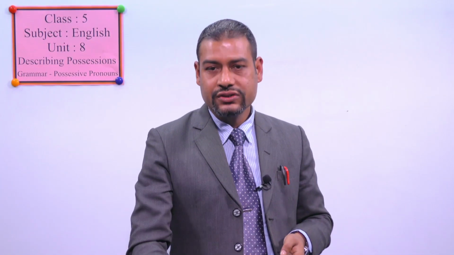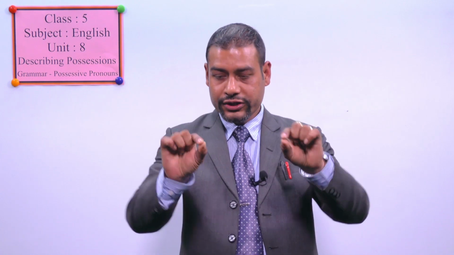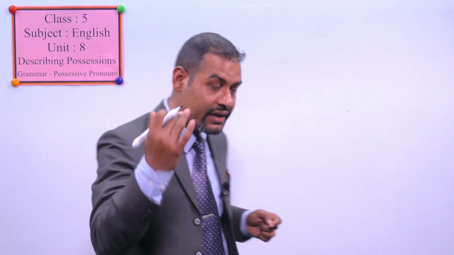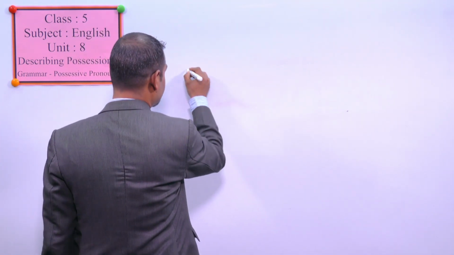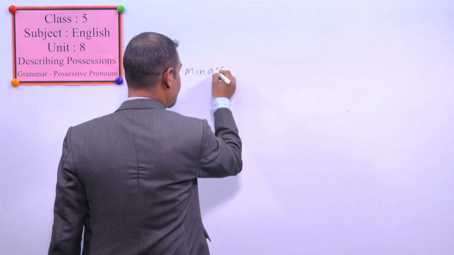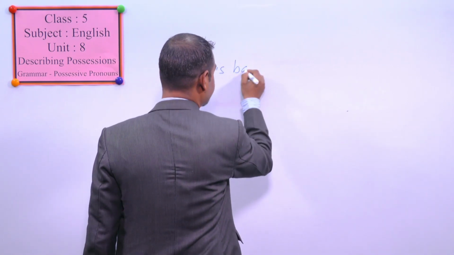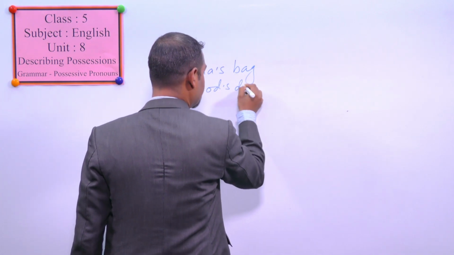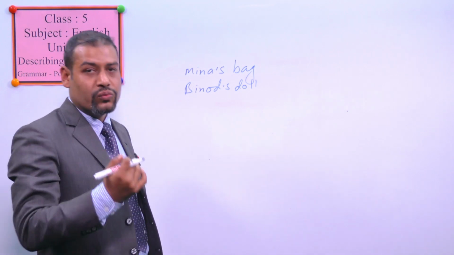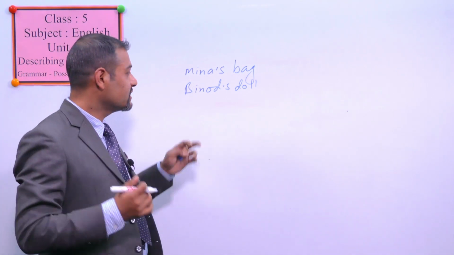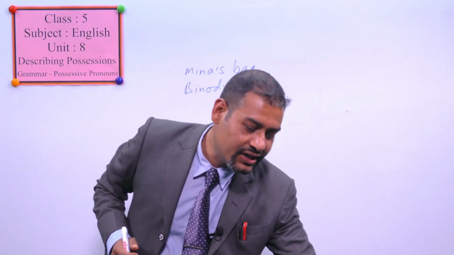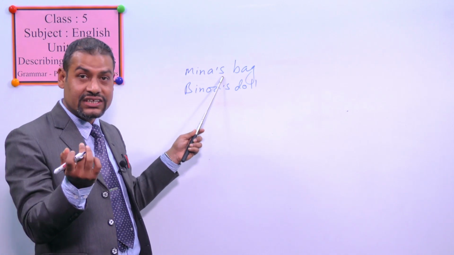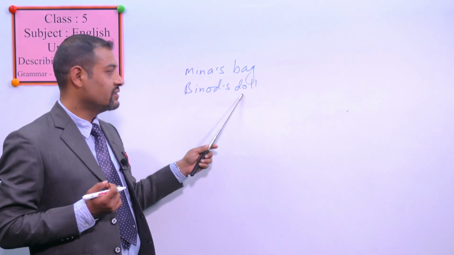Dear students, you shouldn't forget that if we use a person's name to show possession, at that time we have to use an apostrophe. For example, we write Mina's, M-I-N-A-S, Mina's bag, okay, Binod's doll, B-I-N-O-D-S, Binod's doll. So if you want to write the naming word to show possession, you have to use apostrophe S. It shows ownership.